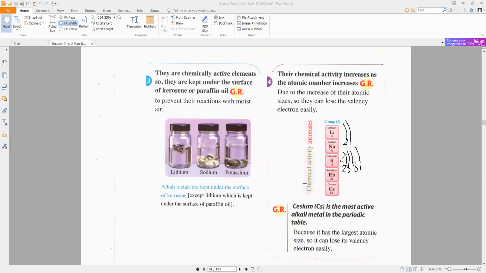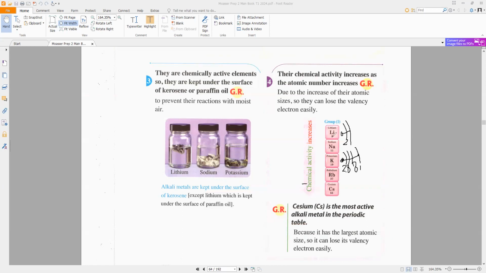So the distance between the nucleus and the outermost electron in lithium is shorter, but the distance between the nucleus in potassium and the outermost electron is larger. When the distance between the nucleus and the valence electron increases, the attraction force between them decreases.